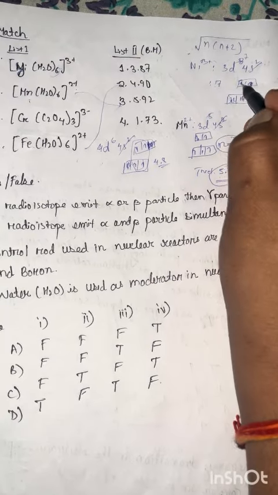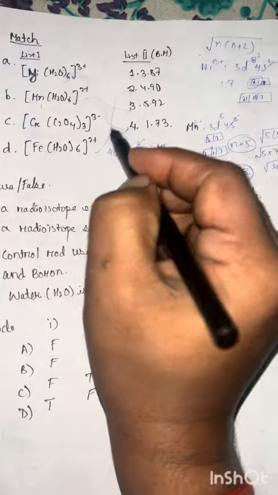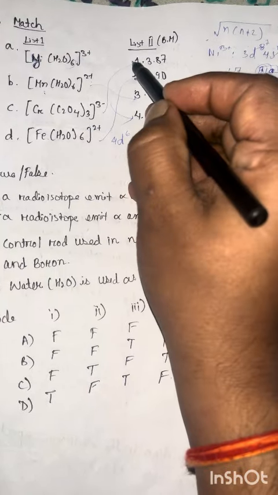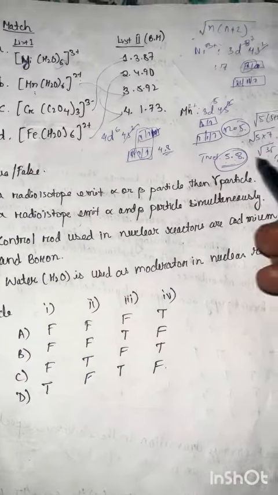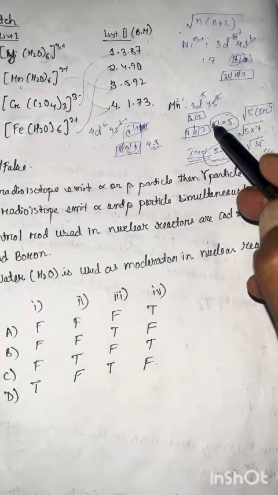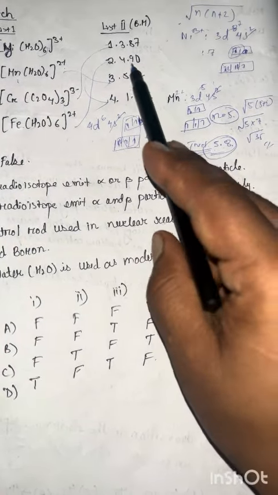Means 1 unpaired electron. 1 means it will give this one, right? Again, if you calculate this, you will get this. So it's very easy. You just remember the trick. Count the unpaired electrons, add 0.8, and you get the nearest value. This is the answer.